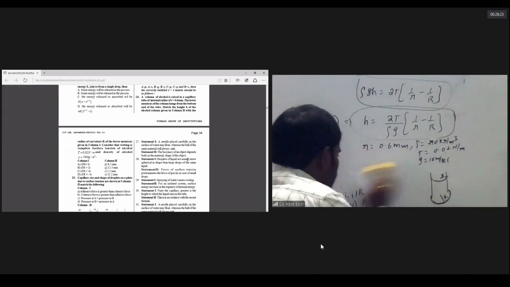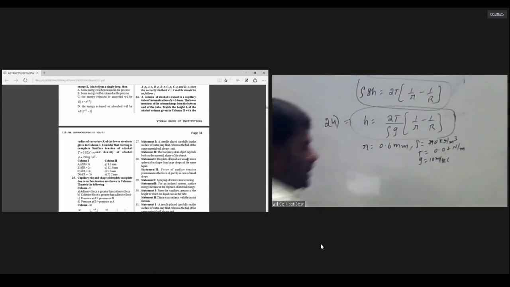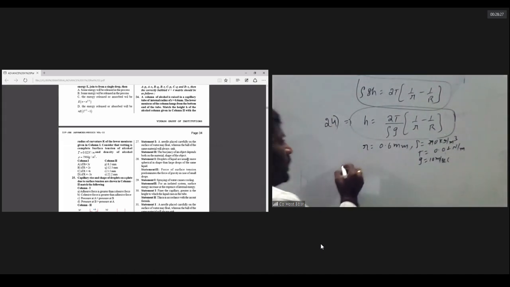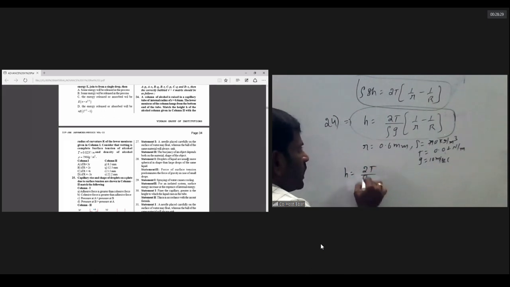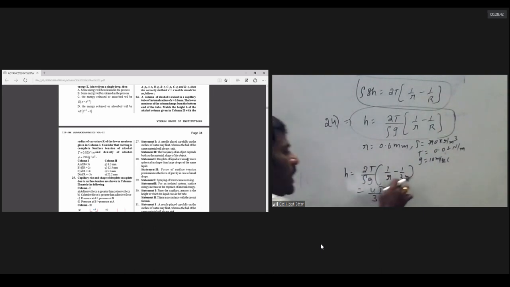For example, R equal to 3R, we can take h equal to T upon rho g into 1 by R minus 1 by 3R. So 4T upon 3 into R, because 3 minus 1, 2, 2 twos are 4.